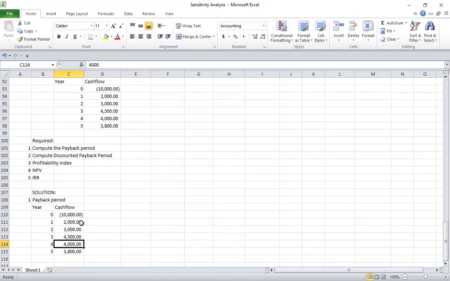The first recovery happens in year one. If in year one we receive the 2,000 shillings, that positive cash flow settles just part of the 10,000 shillings, which means that we will have a remainder to be recovered in the periods which follow. So you will add a column, let's call it the remainder.